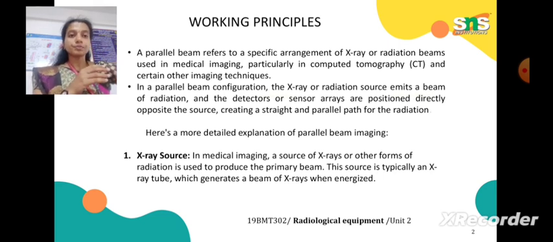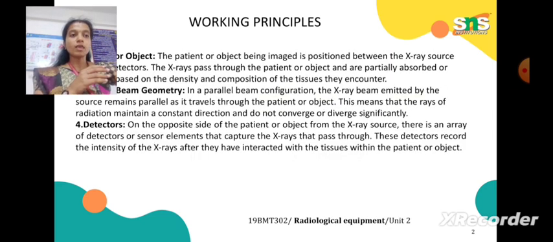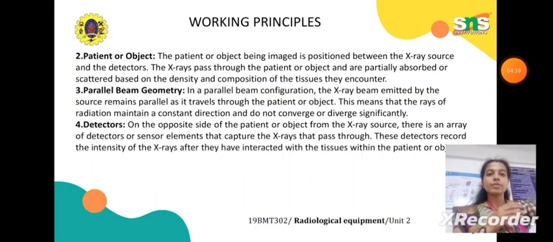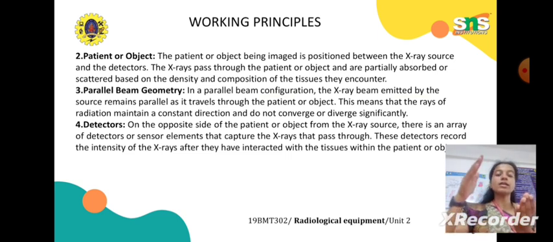Next is the patient or object, which we are going to measure. So we require a patient in this. First comes the X-ray source, then the patient, and then the detector.